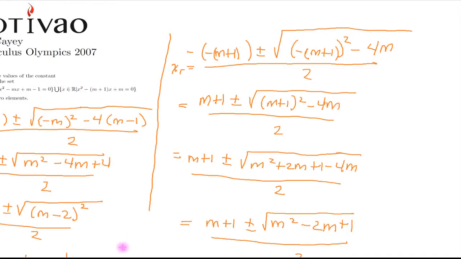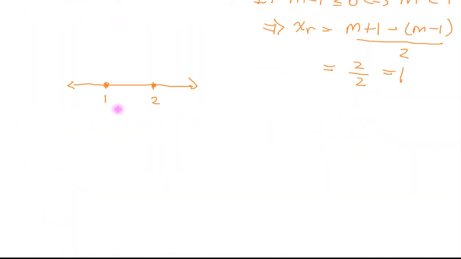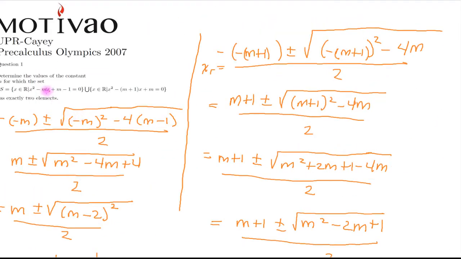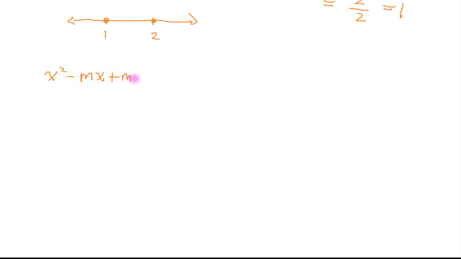Well, let's recall that the polynomials are x squared minus mx plus m minus 1 equal to 0. So let's write that down. x squared minus mx plus m minus 1 equal to 0.